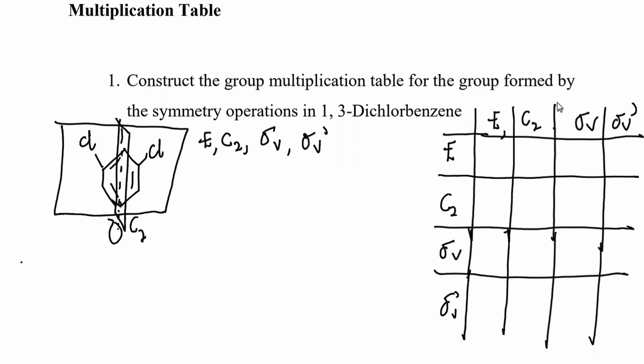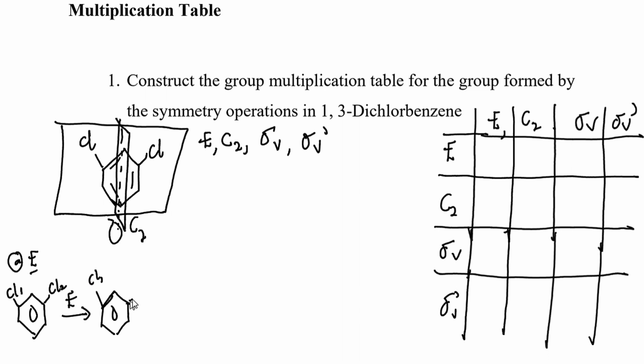The first symmetry element is identity. We have this structure with the chlorines; let's call them chlorine 1 and chlorine 2. When we carry out identity on this, we have the same structure, chlorine 1 and then chlorine 2.